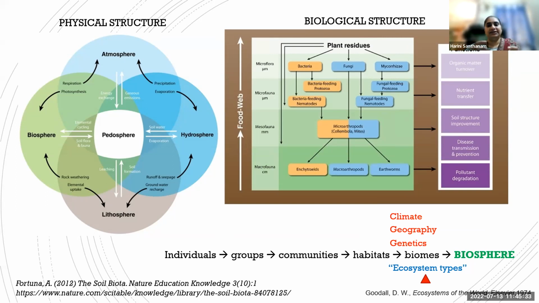If it is a skin cell, the role of the skin cell is different from the role of a neuron. Each of these has specific functionalities, but they are all composites of different organelles. So the cellular ecosystem itself is a good example of how we can look at an ecosystem.